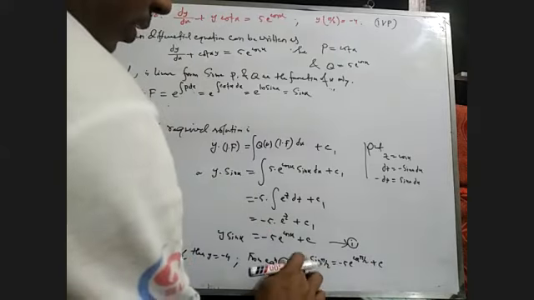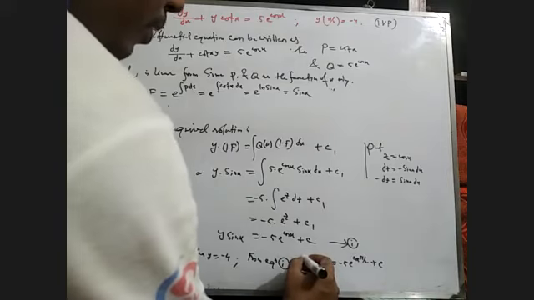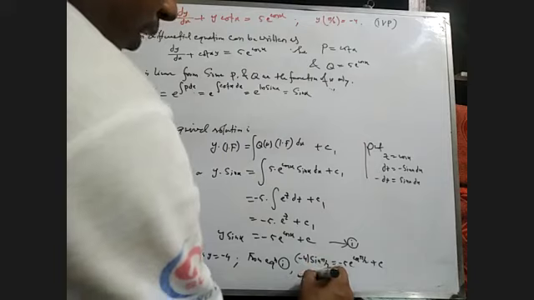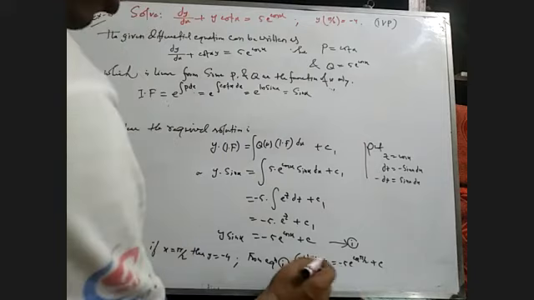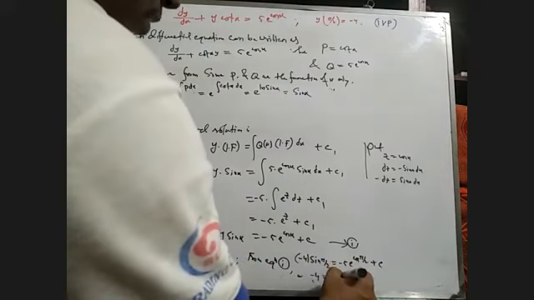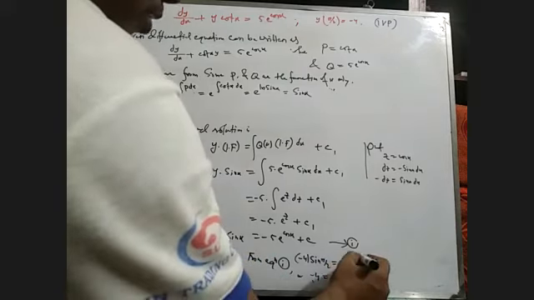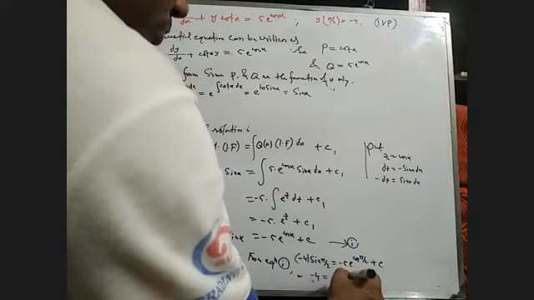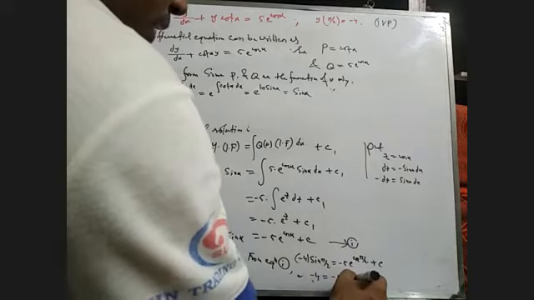Y equals to what? Minus 4. So minus 4 into 1. Sin 90 degree what? Only 1. Equals to minus 5 e to the power cos 90 degree equals to what? 0. So e to the power 0. E to the power 0 means what? Only 1.